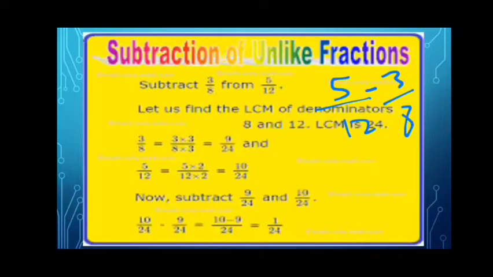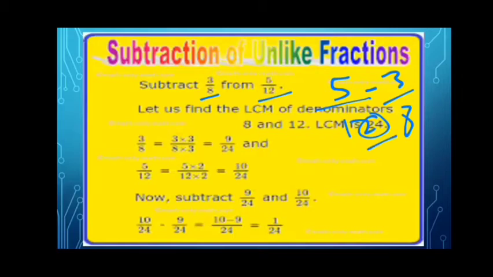So like I said, the first step to subtract or add any fractions is to find the LCM. So the LCM of 8 and 12 is 24. You can see. So the next step is to multiply each fraction by a value that will give us the denominator as 24.